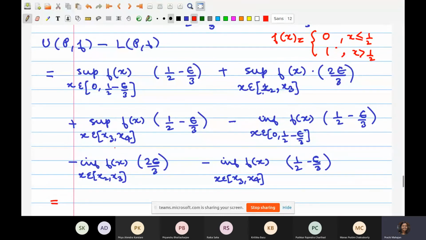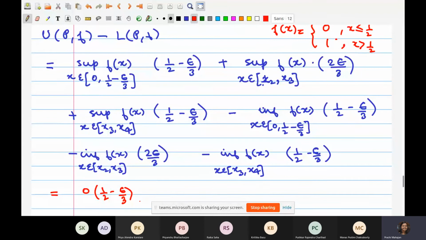That's going to be 0. We actually need not care about these subintervals away from the discontinuity because the function is constant there, so the supremum is going to cancel out with the infimum. But anyway, let me just do it. The supremum here is 0, so 0 times 1/2 minus epsilon/3. Is that correct? Please do correct me if I make a mistake.